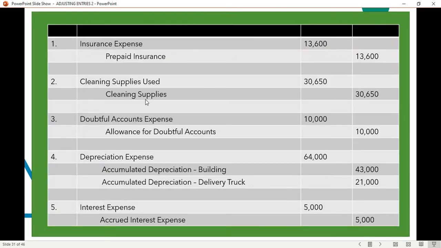So you have cleaning supplies used of 30,650. Your adjusting entry is debit cleaning supplies used 30,650 and then reduce the cleaning supplies, so credit cleaning supplies 30,650.